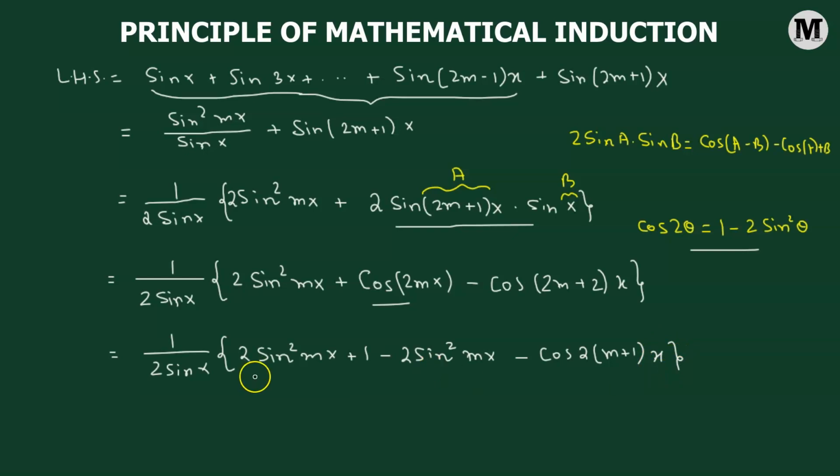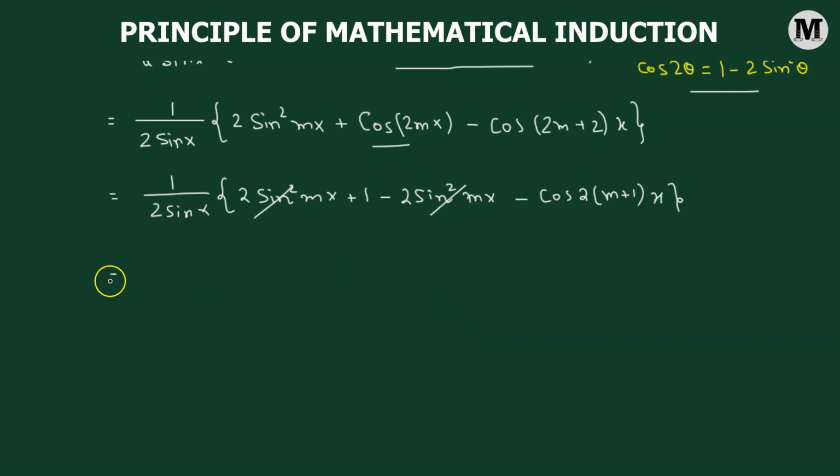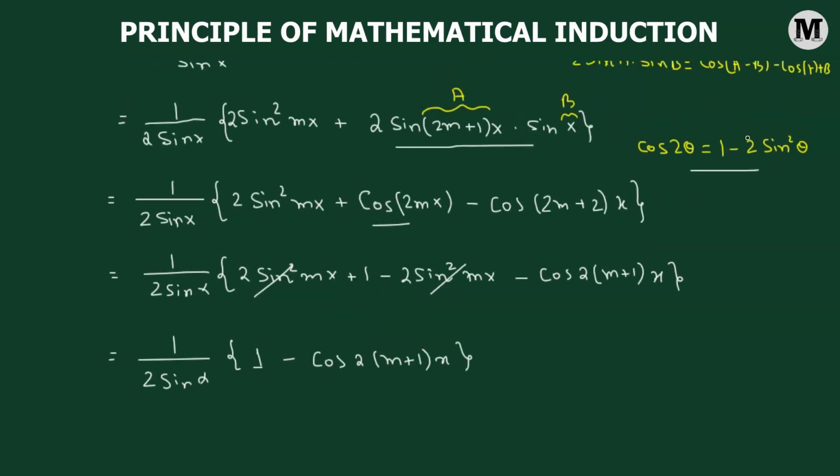Now the first term and the third term get cancelled out. So now we have 1 over 2 times sine of angle x, and the second term, which is 1 minus cosine of 2 times (m plus 1) times the angle x. Now again we can apply the formula, cosine of 2 theta given by 1 minus 2 sine squared theta, to rewrite the second term.